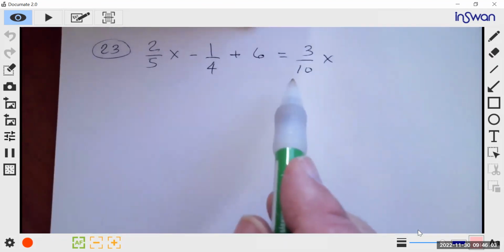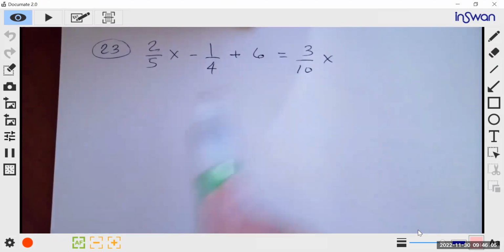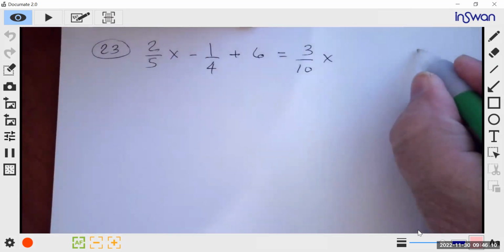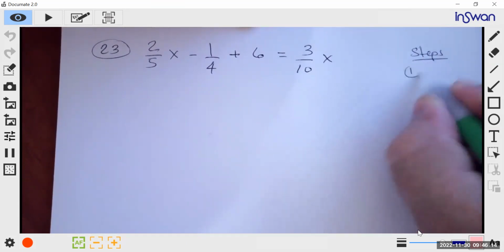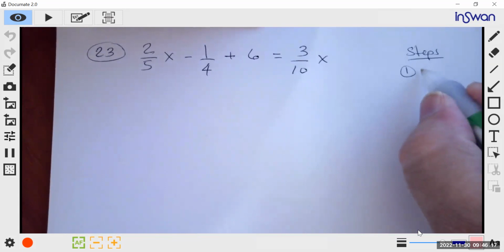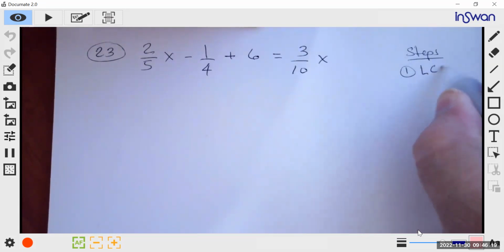Since we have fractions and an equal sign, let's get rid of the fractions. To get rid of the fractions, what do we do? Find the LCD.